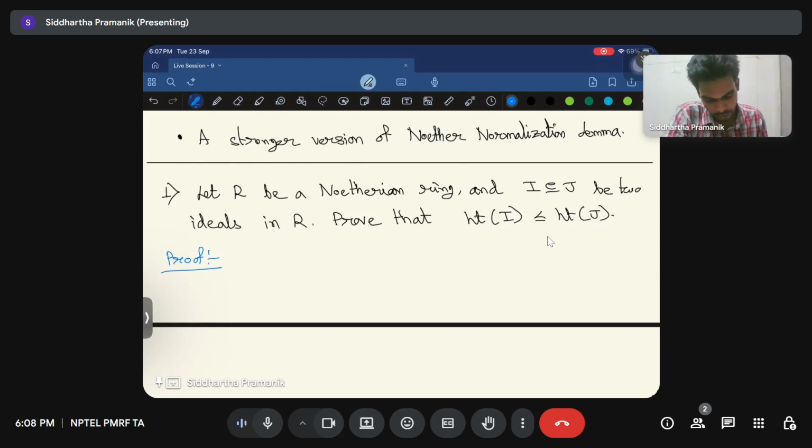Let's write down the definition first. What is the height of I? The height of an arbitrary ideal is defined in terms of the height of the prime ideals which contain that ideal.